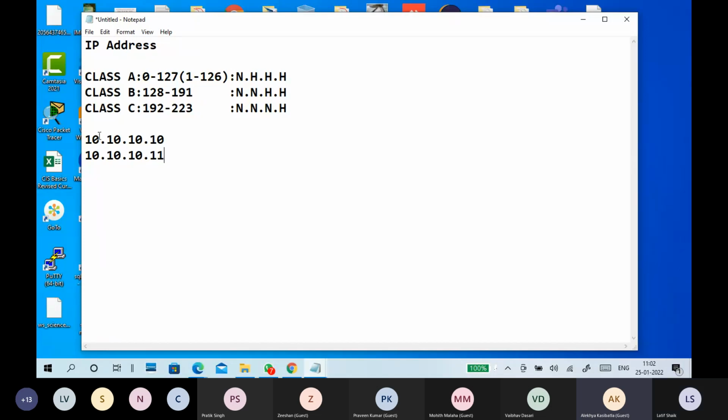But the network portion is like a single classroom, like class 1, class 2, class 3, maybe like the ECE department, EEE department, ENTC, CSC. This is where the division occurs, right? And the roll numbers are 1, 2, 3, 4, 5. Same goes for this. So the network must be the same.